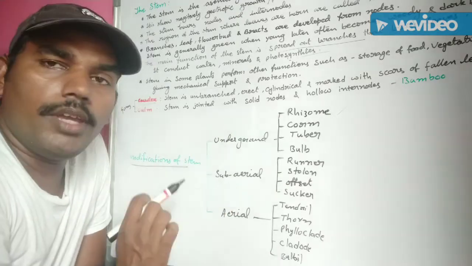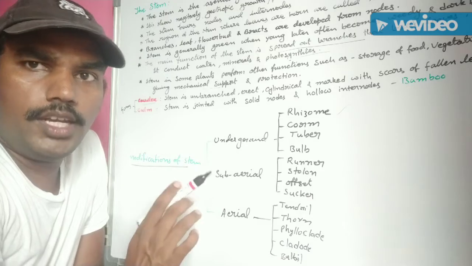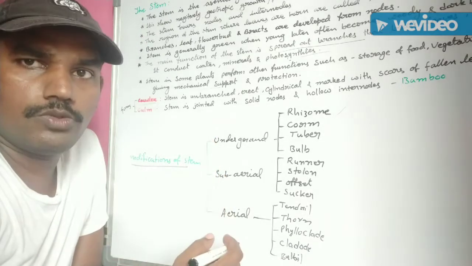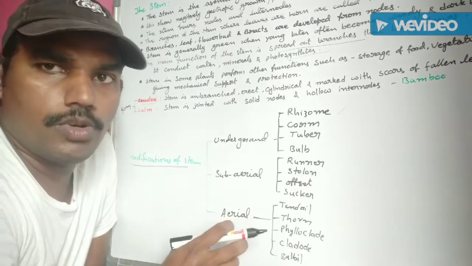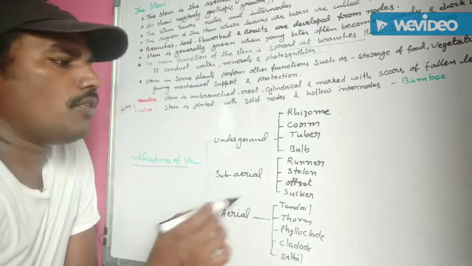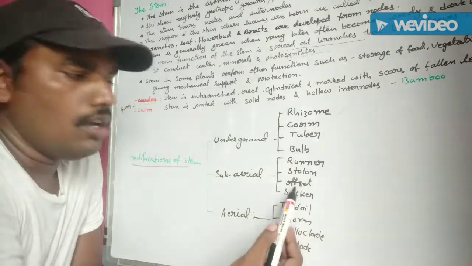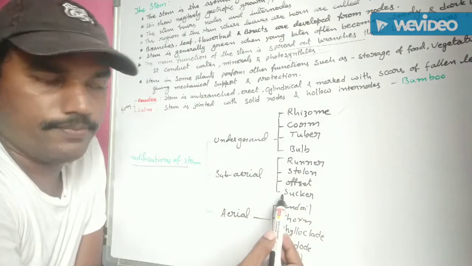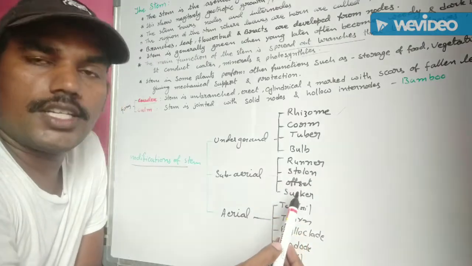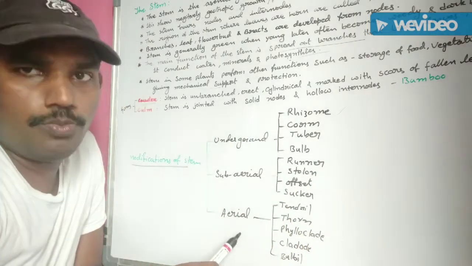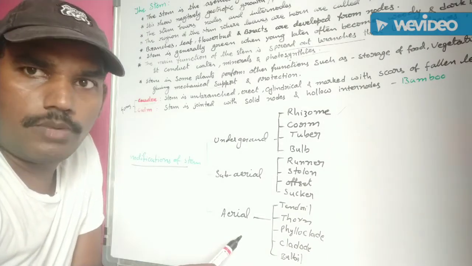Next, subaerial. Not underground, not aerial. It is present in between. So, these are called subaerial stem modifications. Subaerial stem modifications are runner, stolon, offset, sucker. Next, aerial stem modification.